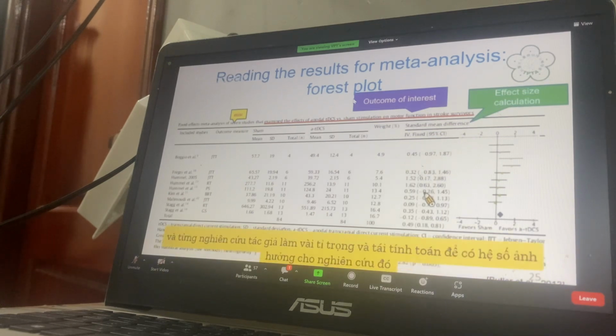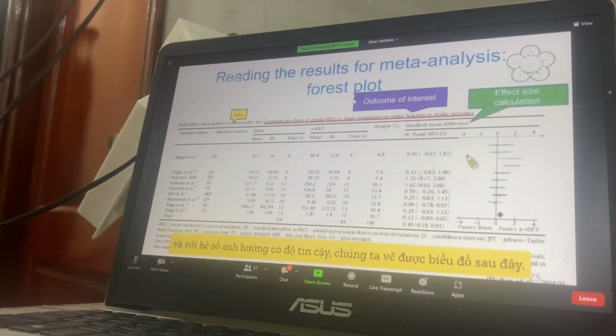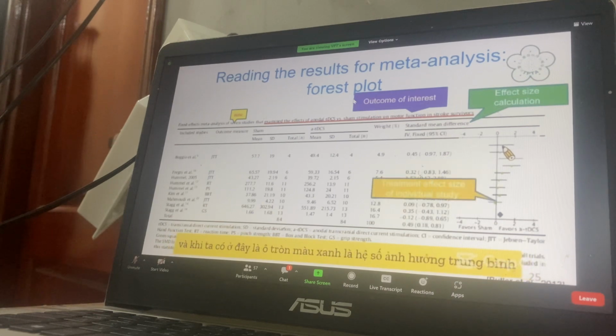And then for each study, the author would do some weighting and recalculating to get the effect size for that study. And with this effect size and confidence interval, we can draw a graph here. And what we can get here is the green square in the middle will be the mean effect size. And then the black line would be the drawing of the confidence interval.